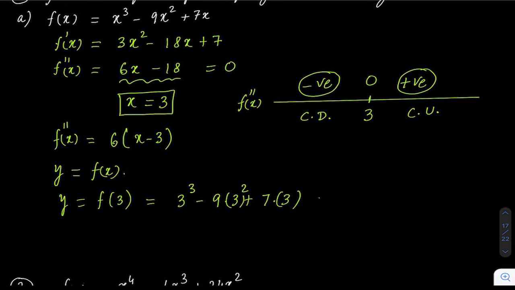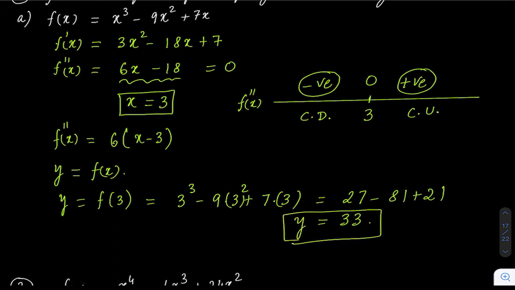This will be equal to 27 minus 81 plus 21, which is nothing but 48 minus 81, which is going to give us 33.